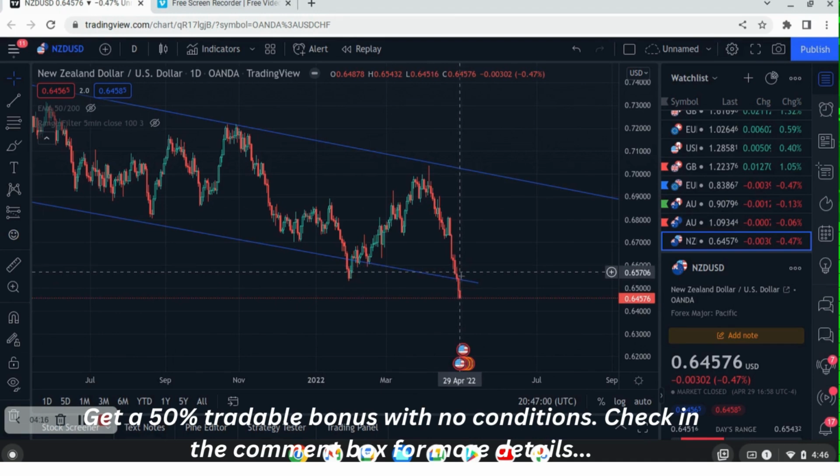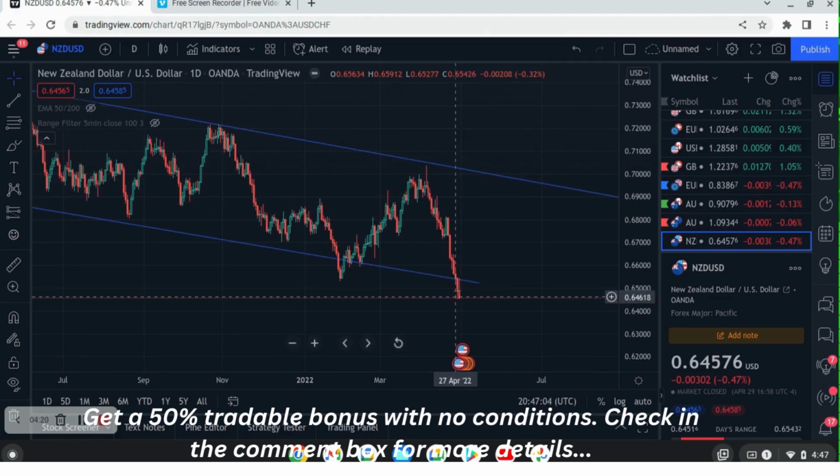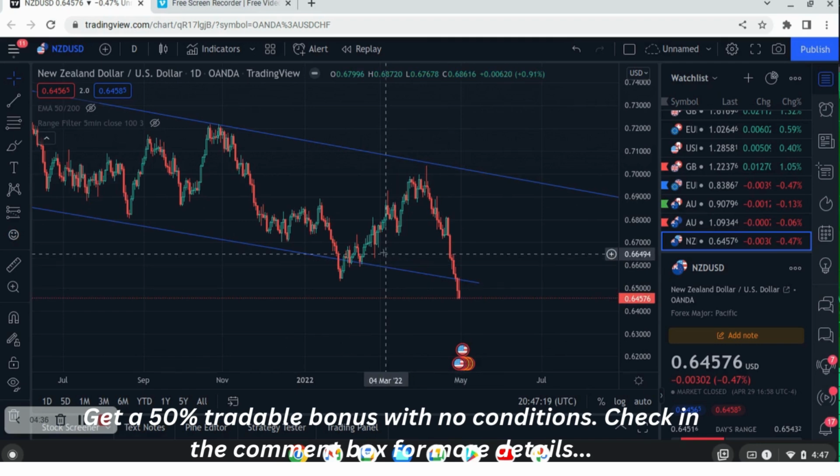The next candle, boom, pushed through, down hard, momentum. And then it came back up to retest. Boom, now it's falling again, okay? So this is actually a good trade setup to get into, and I'll probably be calling this out in the Discord group chat as well.